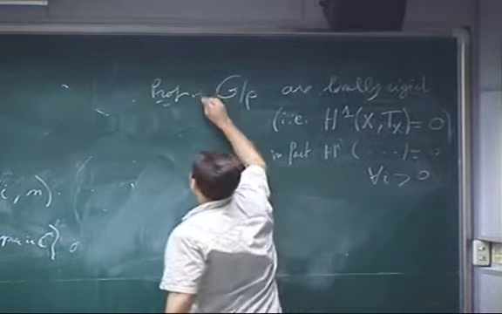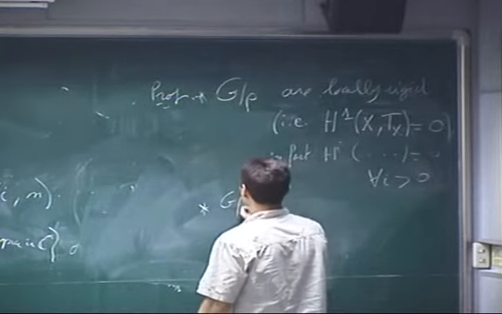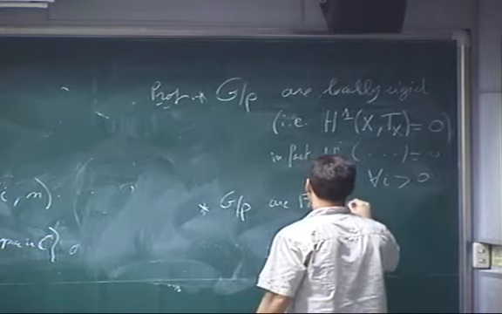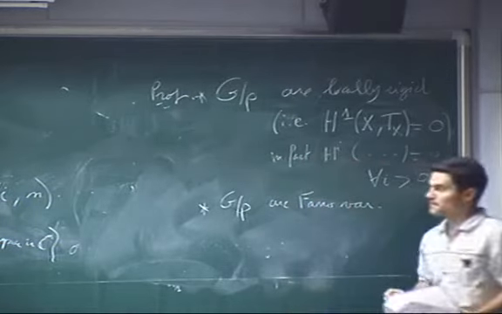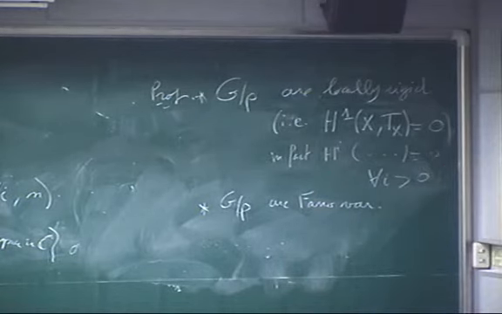So it's the first remark. And the second remark is that G mod P are Fano varieties. Those are two nice properties of flag varieties.